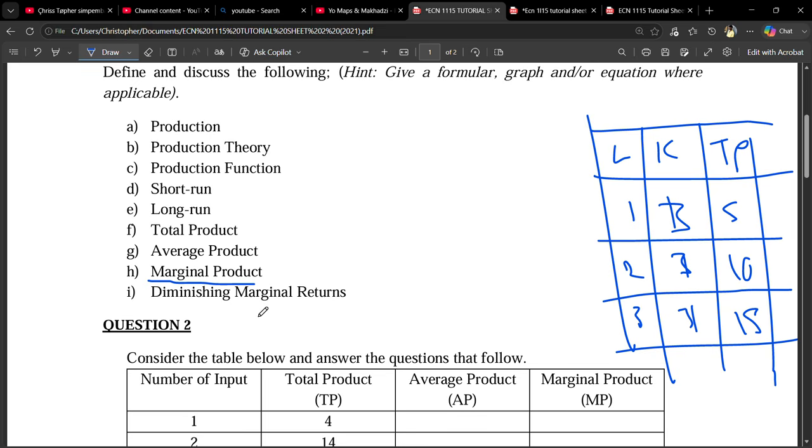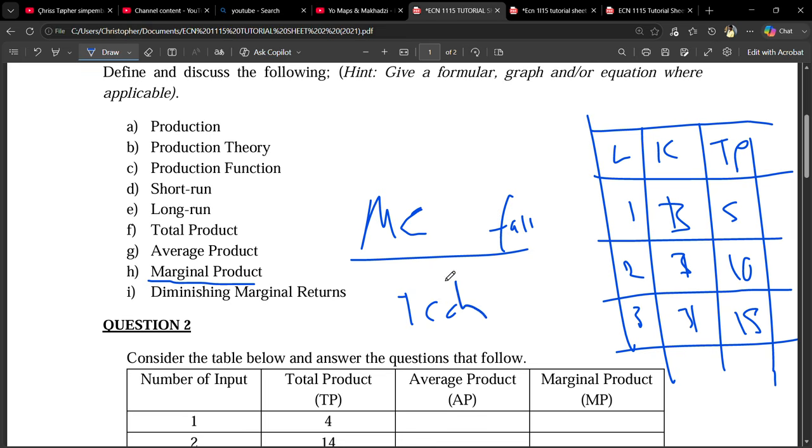The law of diminishing marginal returns states that the more you add a varying input to a fixed input, eventually marginal product will fall, if we're going to use the same technology.